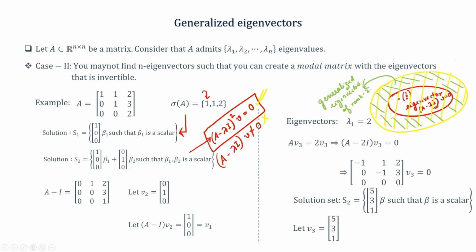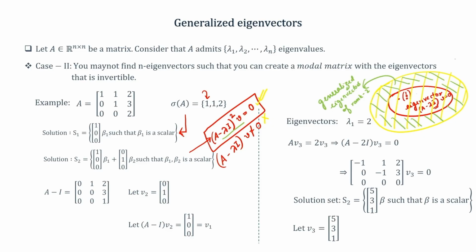I hope you understand this. Remember, this equation is satisfied by both eigenvectors and the rank 2 generalized eigenvectors, but the rank 2 generalized eigenvectors do not satisfy (A minus lambda I) V equal to 0. So, this green part becomes your rank 2 generalized eigenvectors, because they cannot satisfy (A minus lambda I) V equal to 0.